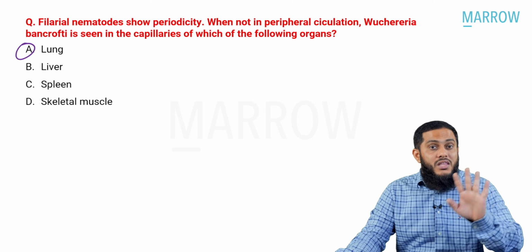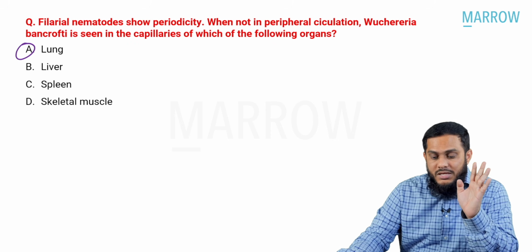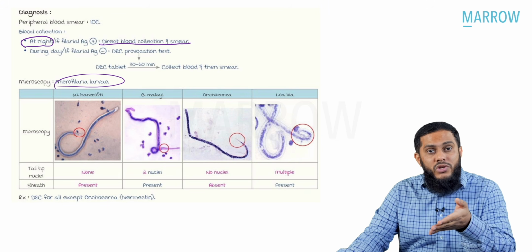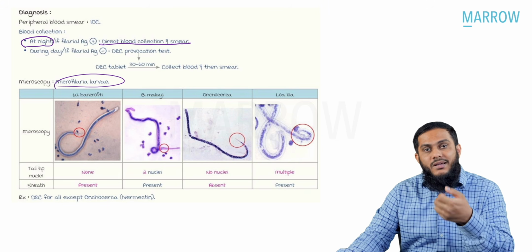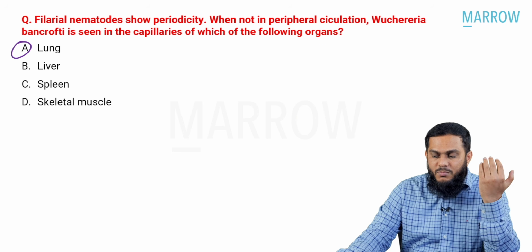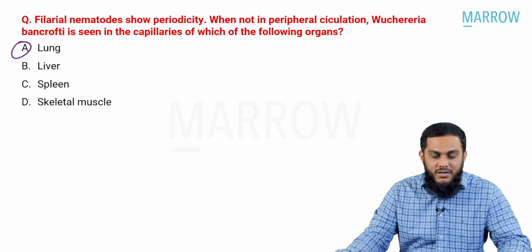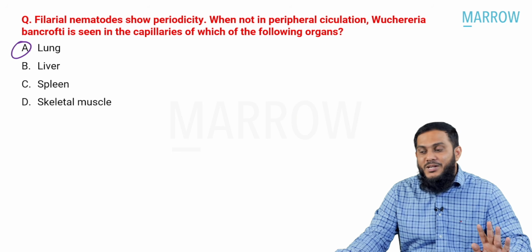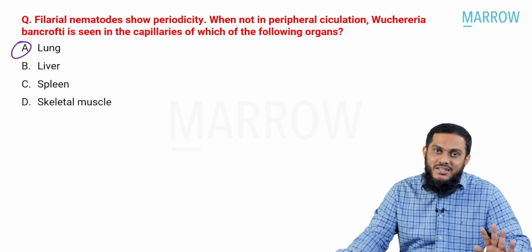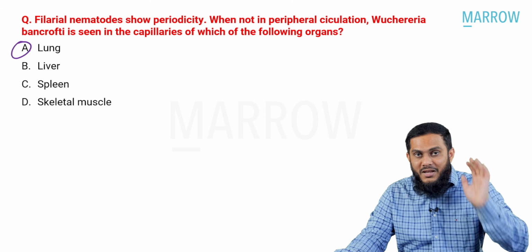We need to know when they come into the peripheral circulation at night, so that I can take the blood and identify them. I'm not going to take a lung biopsy or capillary blood vessels to identify them. Anyway, sir, during the daytime, when they're not in the peripheral blood smear, they are present in the lung. Nighttime, blood; daytime, lung. You just remember this.